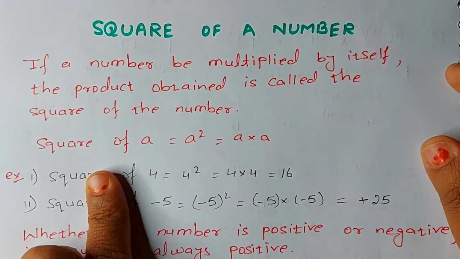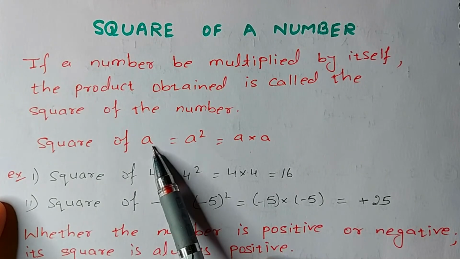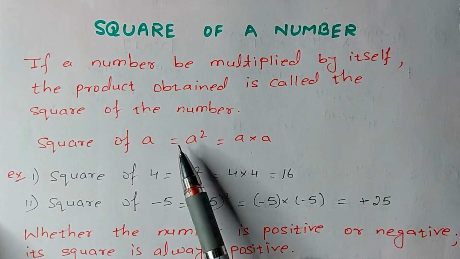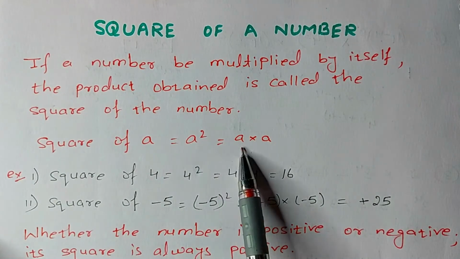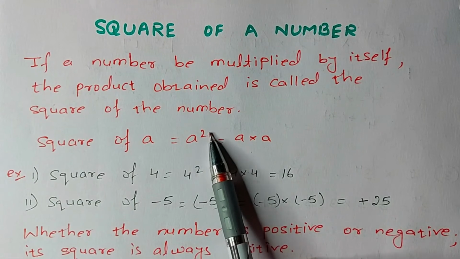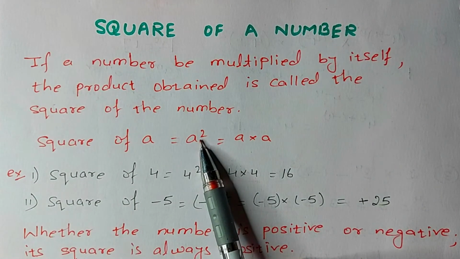For example, the square of a: a is a number, and to find its square you multiply a 2 times, a into a, that is a square. When we square a number, we give the power 2, meaning multiplying the same number 2 times.